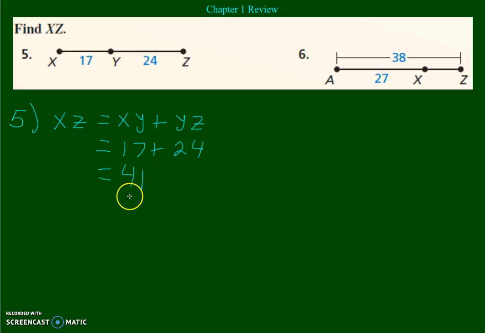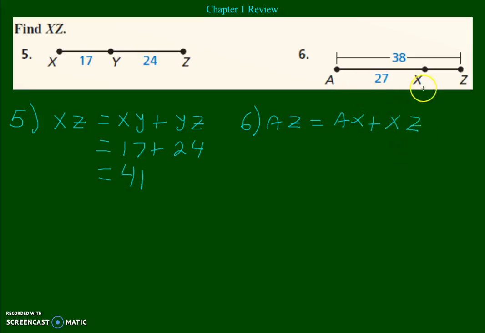Now for problem 6. In problem 6, we have a similar situation, only this time we have AZ is made up of AX plus XZ. So let's write down an equation. So let's put 6 here. And we know that AZ equals AX plus XZ.